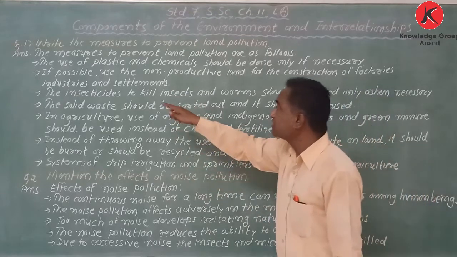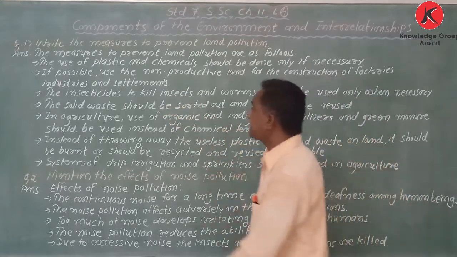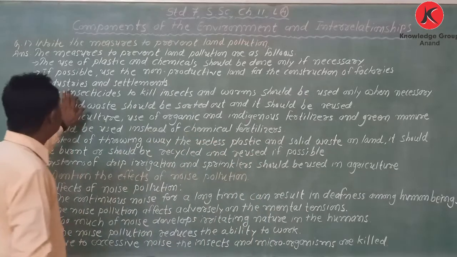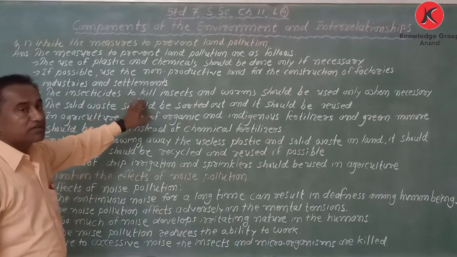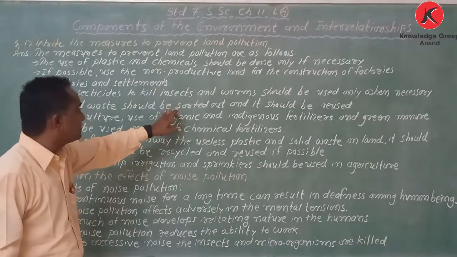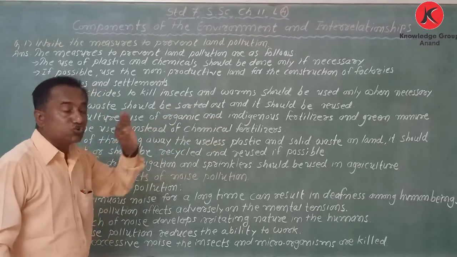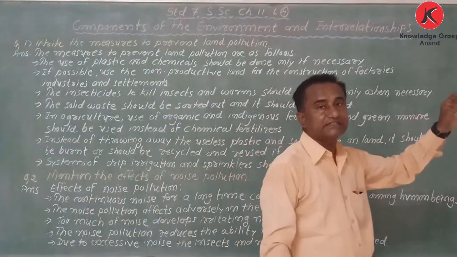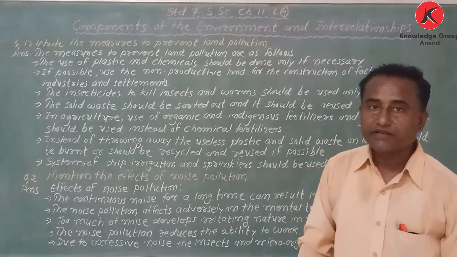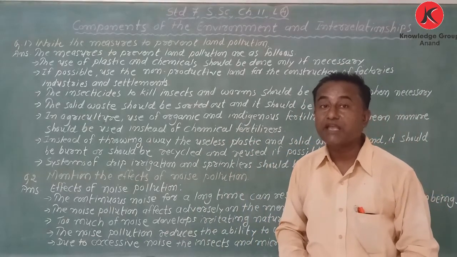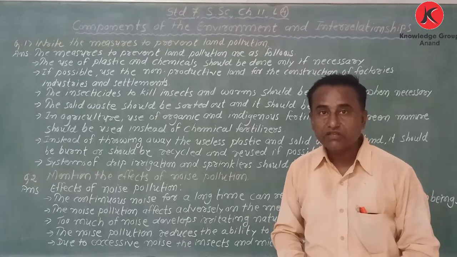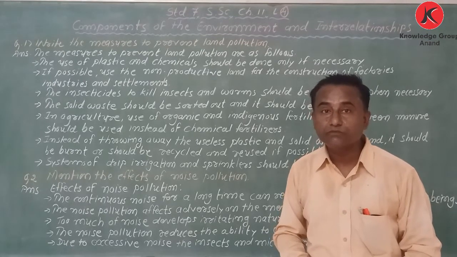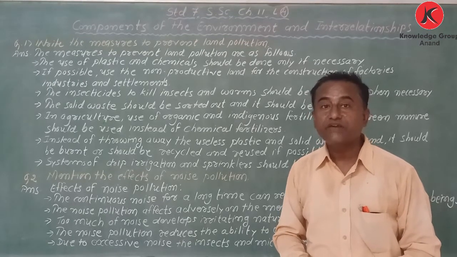Next one, the insecticides to kill insects and worms should be used only when necessary. My dear student, we are using chemicals, pesticides in order to kill the germs, worms, even insects.